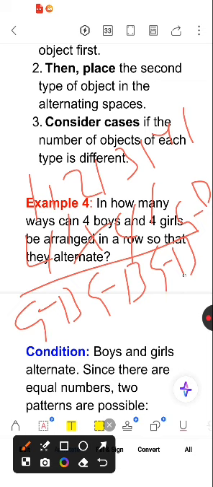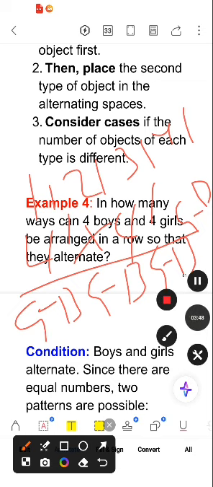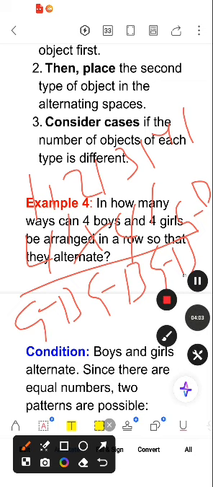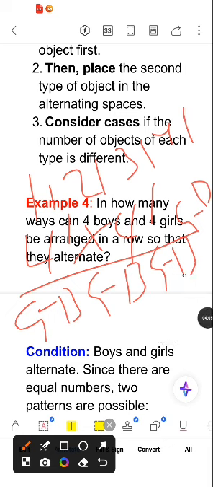You realize that when the girls begin, there are 4 possible spaces left, and these 4 spaces the boys must fill, and we have 4 boys too. So you take 4 factorial multiplied by 4 factorial. Then after that you add them, because they are mutually exclusive.